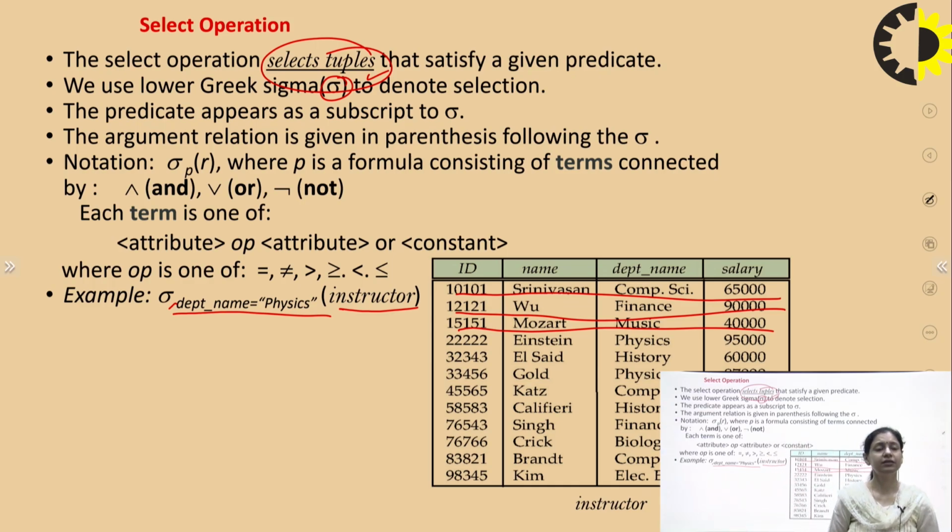Now the predicate value or the condition is that we need to identify all those records whose department name is physics.